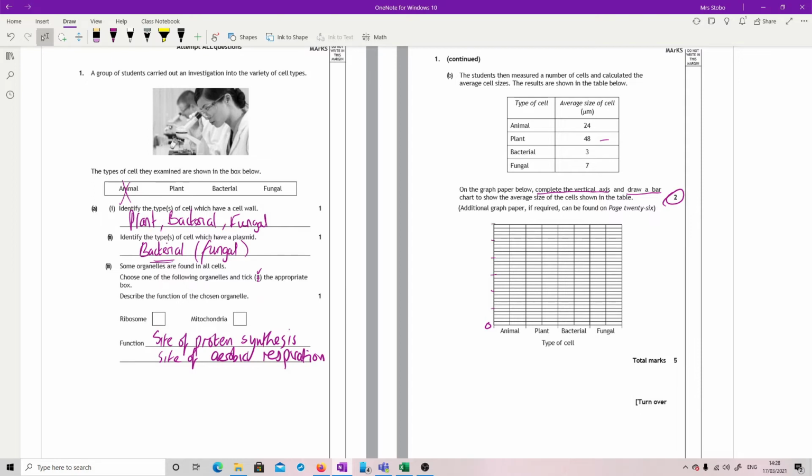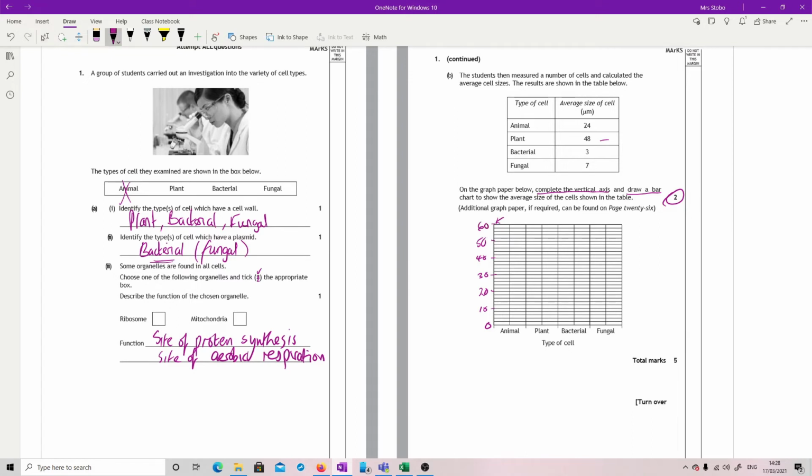Okay, so we need to get to 50, so I would be going 5, 10, 15, 20, 25, 30, not acceptable. So we're going to go 10, 20, 30, 40, 50. Because there is a check mark, one of these guys, the bits at the side, I'm going to put the 60 on there as well.